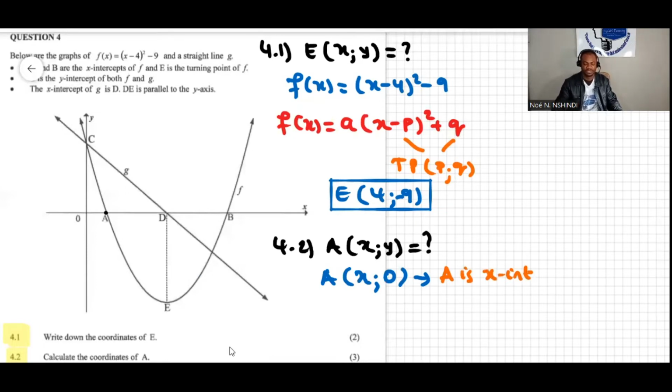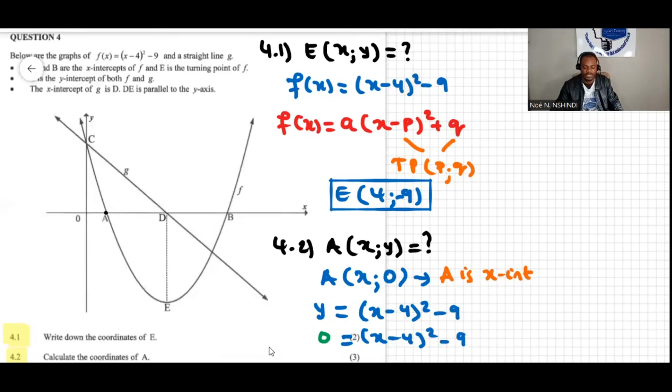In other words, in the equation of the parabola, we're going to substitute y by 0. Let me first write f of x, which is y, equal to x minus 4 to the power of 2 minus 9. We substitute y by 0, and this will be 0 equal to x minus 4 to the power of 2 minus 9.